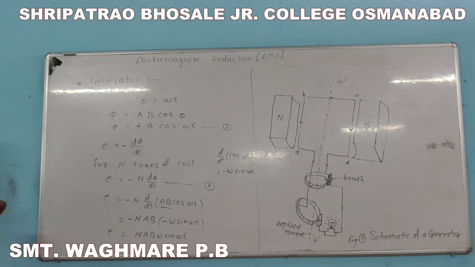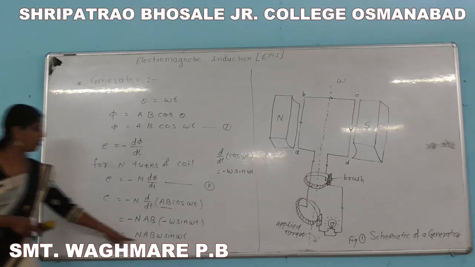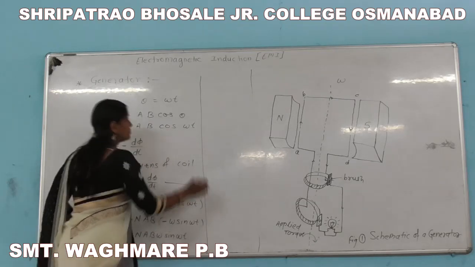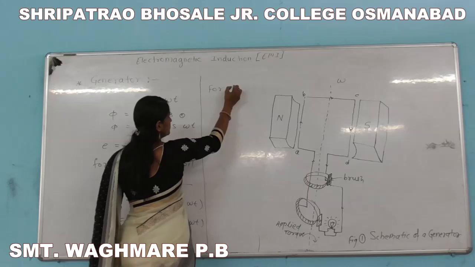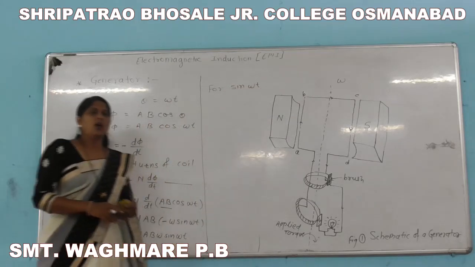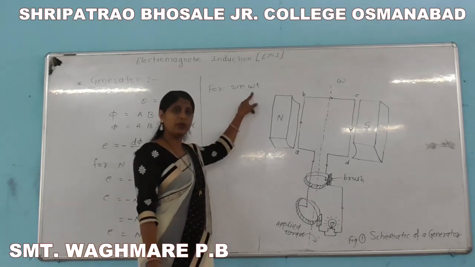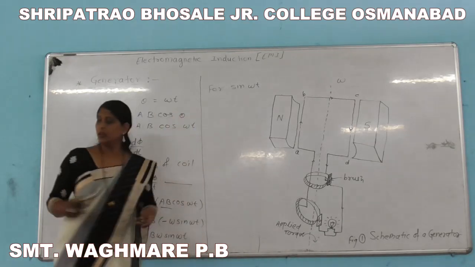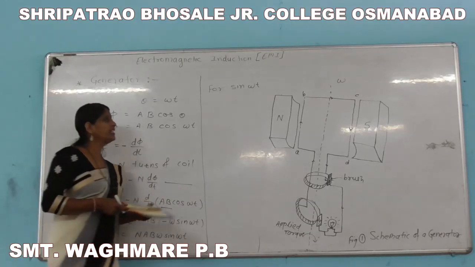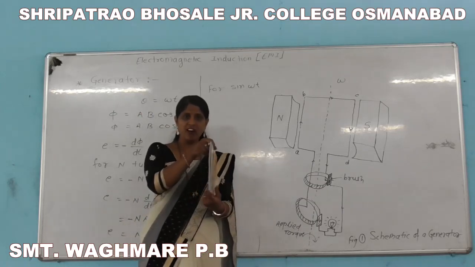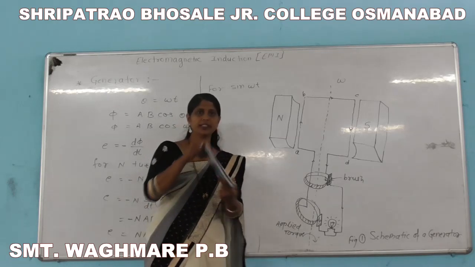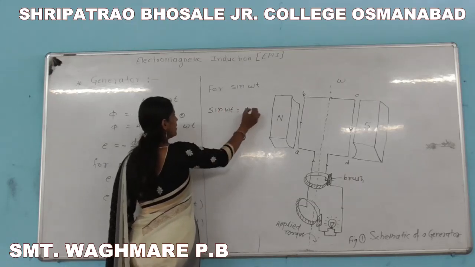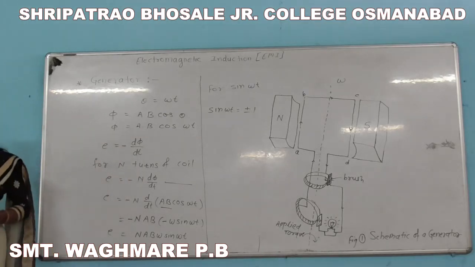For sin omega t, or sin theta also we can say, when the coil is starting its rotation and completes 90 degrees of angle, from this position to this position, then sin omega t is equal to plus or minus 1.